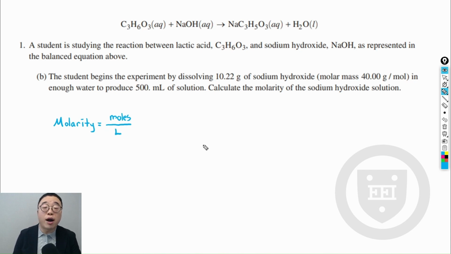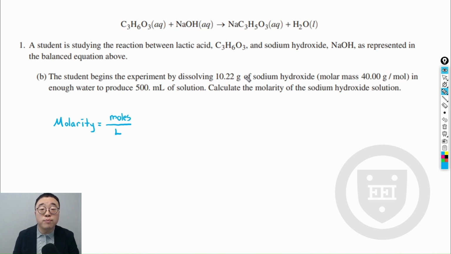So that's going to be our unit for molarity and concentration. Okay, how to find concentration. To find concentration, we have the mass, right? So we have to first find the number of moles, and also we have to find the volume of the solution. So let's first find the number of moles. We're given the mass of sodium hydroxide, and we're given the molar mass, right?